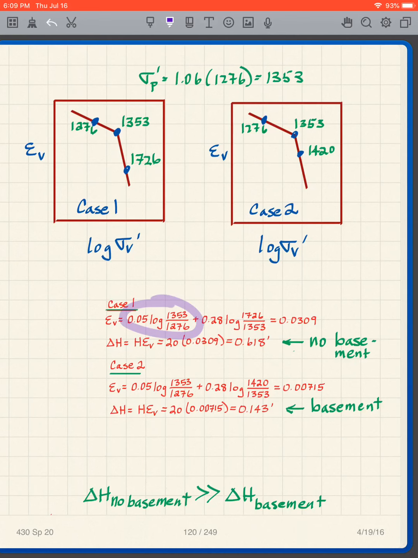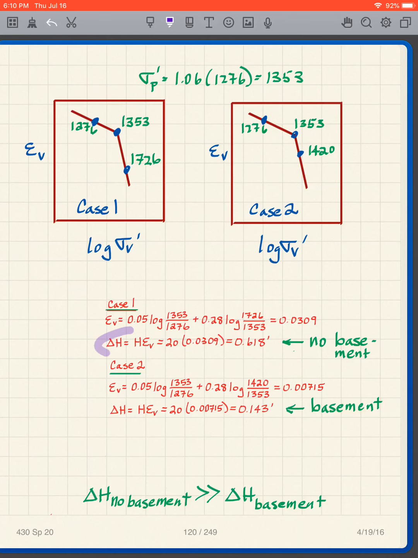So 0.05 log 1353 over 1276, both of those are the same. Now I'm going from 1353 to 1726, so I have a log of 1726 over 1353. This one I'm going to have a log of 1420 over 1353. And then, of course, I have the C epsilon c, the greater slope, 0.28. So I get my epsilon v is 0.0309, 0.0715.